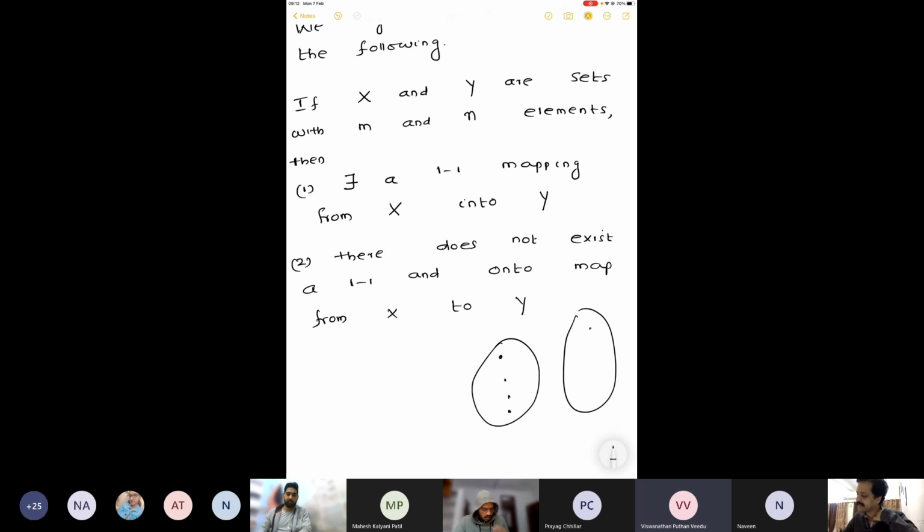If there exists a 1-1 mapping but not a 1-1 and onto map, then you say that m is strictly less than n.